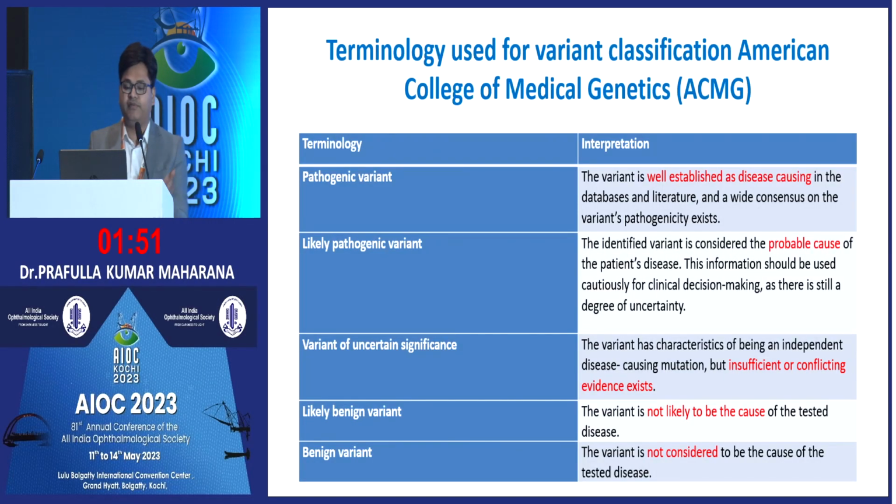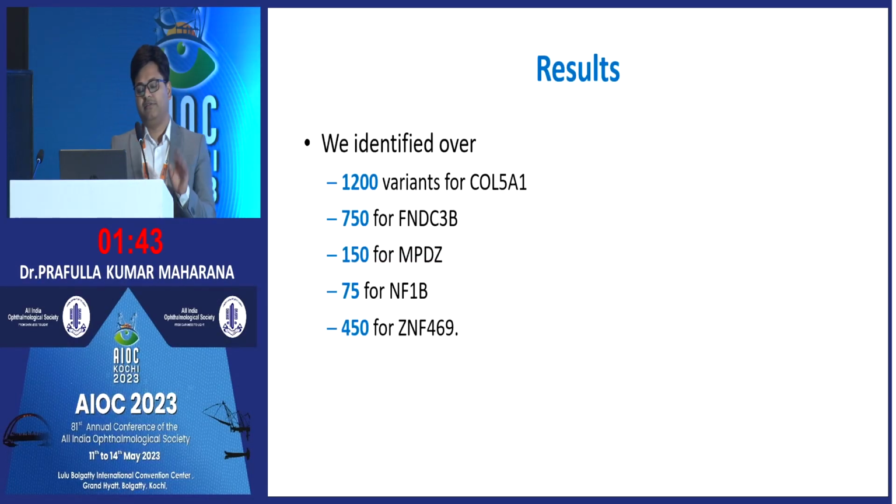This mutation can be pathogenic, or it may be likely pathogenic, or it may be of uncertain significance, or it may be benign, or it has no role. So these many variants we identified in our population: 1200 for COL5A1, 750 for FNDC3B, 150 for MPDZ, 75 for NF1B, and 450 for ZNF469.